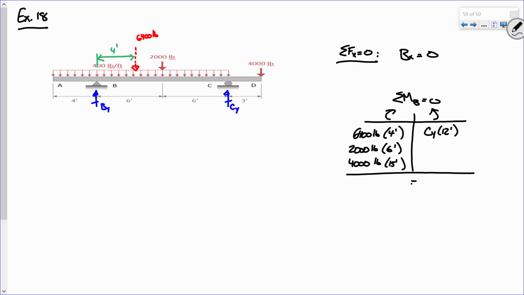All right. Now over here on the right, I'm saying everything on the left side has got to equal everything on the right. On the right, it's just CY times 12 feet. Okay. On the left, I just multiply and add. So 6,400 times 4, what is that? You can do it all at once or however you want to do it. So what do we got?